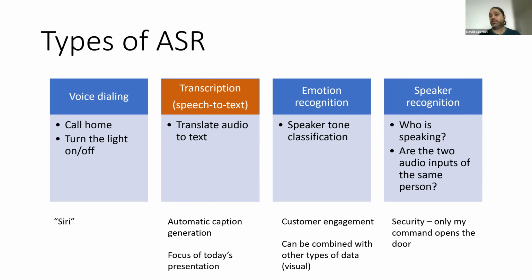Other things that you can do is to analyze the audio. For example, you can analyze the voice of people talking and classify it into emotions. So you can check if your customer, for example, is very angry at your product, or maybe he's very happy, and you can take some action accordingly.